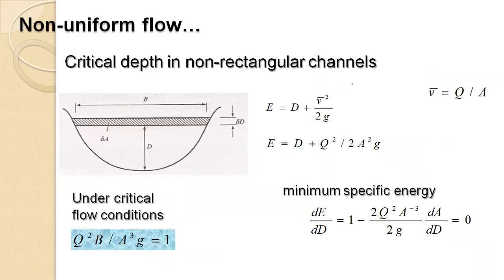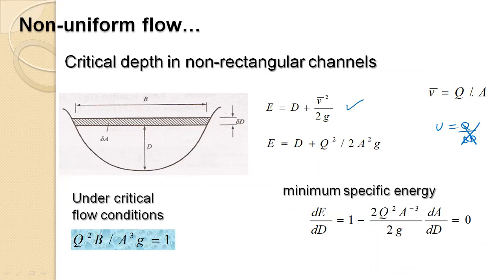So we know that the specific energy is written as d plus v squared divided by 2g, and we know the velocity is the discharge divided by area. Do that substitution. Now we are not going to write it like q divided by b into d, as this is not the case for a non-rectangular section.